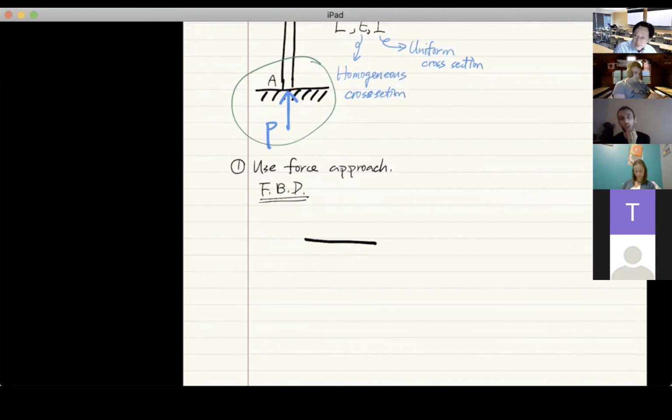Otherwise, that's not what we call fixed-ended. So somewhere here you have to go like this, and the cross-section may go something like this, with this angle still being the right angle. And this is what we call point A.